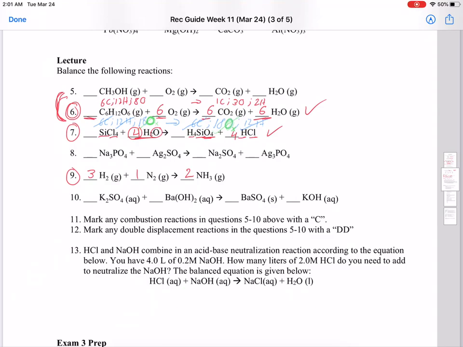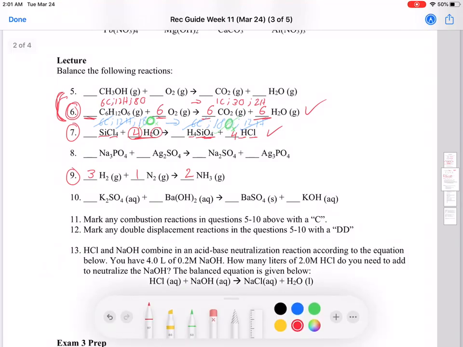Now, they are asking me to mark any combustion reaction from the previous exercise. So how can you tell whether you have a combustion reaction or a double displacement one? Well, remember that a combustion reaction is when you are burning some kind of compound.